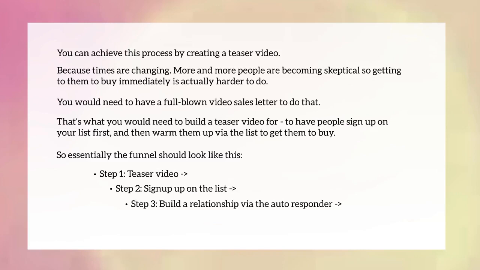And psychologically, we have seen that most of the time it takes anywhere from 7 to 12 emails or days, whatever you want to do, in order for the prospect to really warm up to you. And in that time, you just want to give them really good content to bring them from a perspective of they don't know you to, oh, I really trust you enough to want to buy your product.